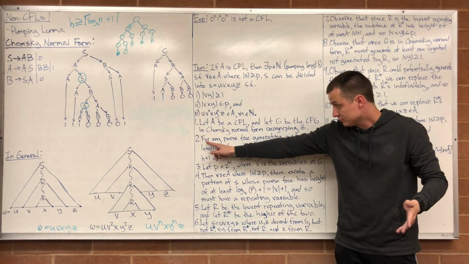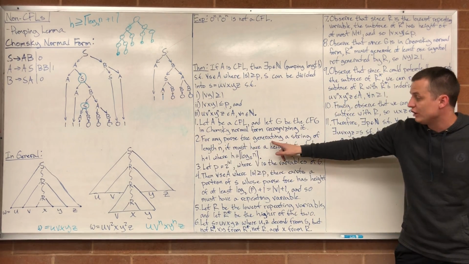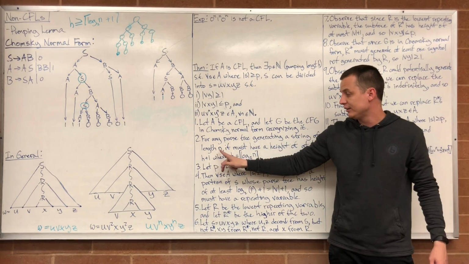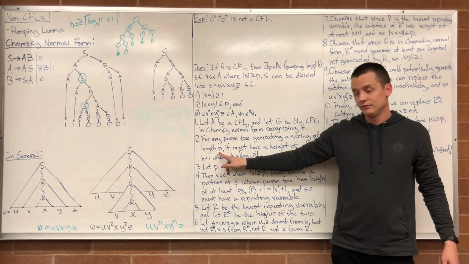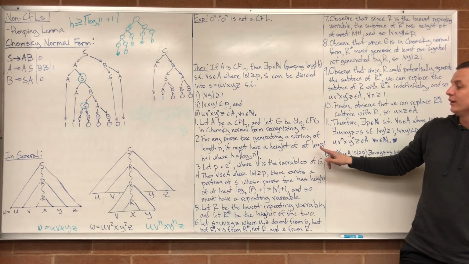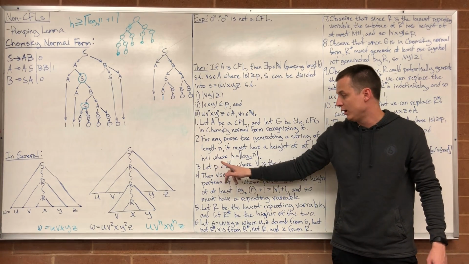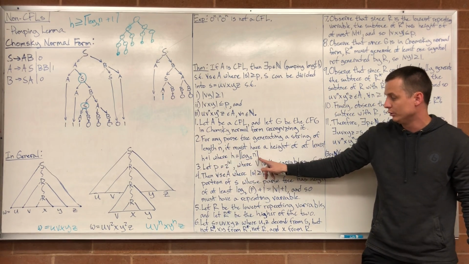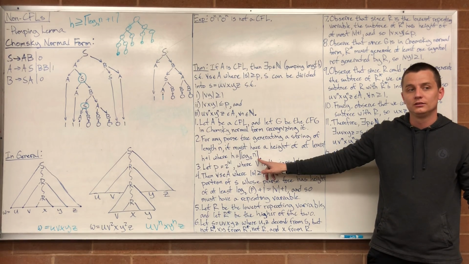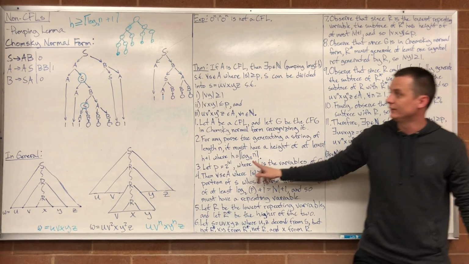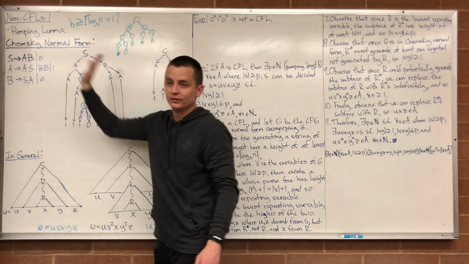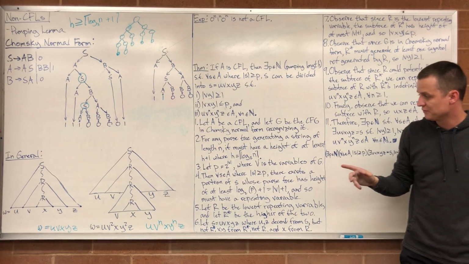Now, for any parse tree generating a string of length n, it must have a height of at least h plus 1, where h is equal to log base 2 of n. So I guess I did that a little bit different than we had over here. Sorry, should have looked closer to that.